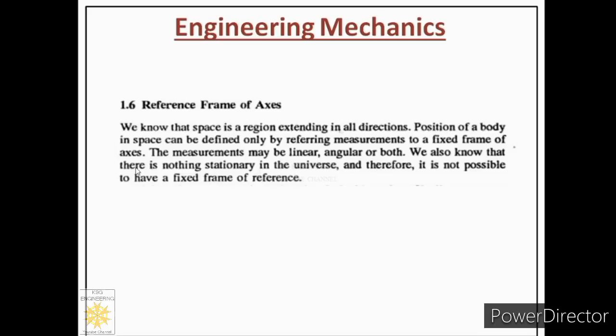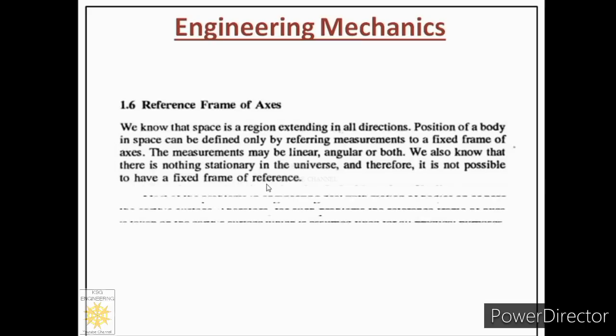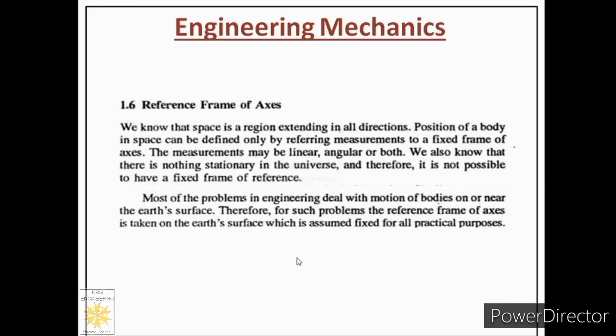We also know that there is nothing stationary in the universe, and therefore it is not possible to have a fixed frame of reference. Most of the problems in engineering deal with the motion of bodies on or near the Earth's surface. Therefore, for such problems, the reference frame of axis is taken on the Earth's surface, which is assumed fixed for all practical purposes. That is very important.